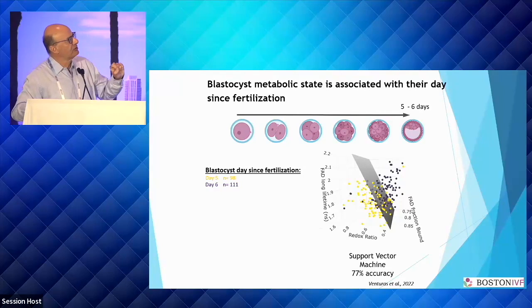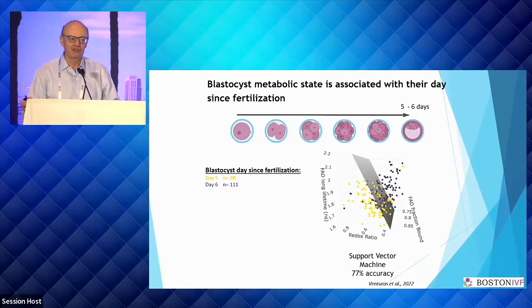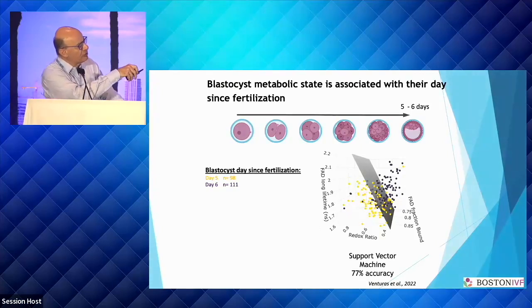The one I really liked, being someone who loves embryos and likes looking at them, is when we looked at the metabolic state of day 5 embryos and day 6 embryos, regardless of their morphology and what stage they were. Looking at certain parameters, you can see the circles with yellow are day 5 embryos, the darker circles are day 6 embryos.